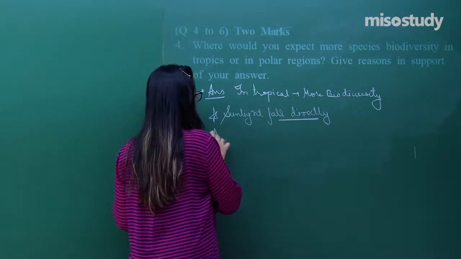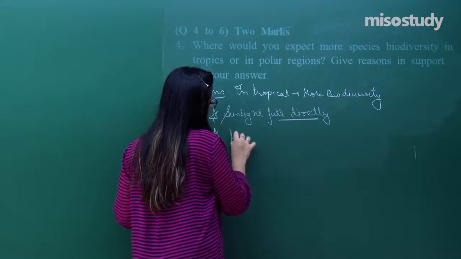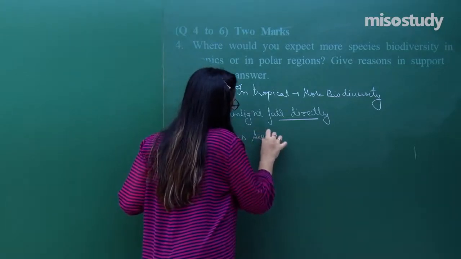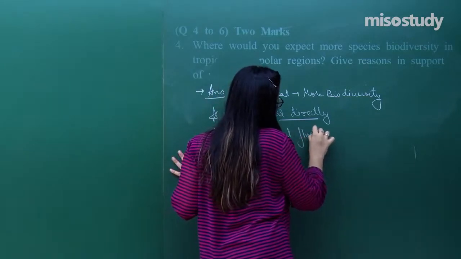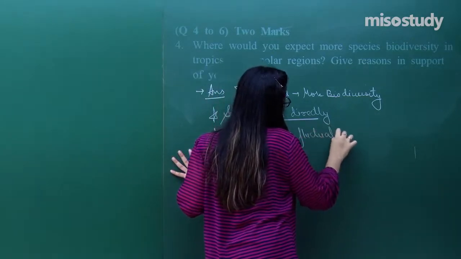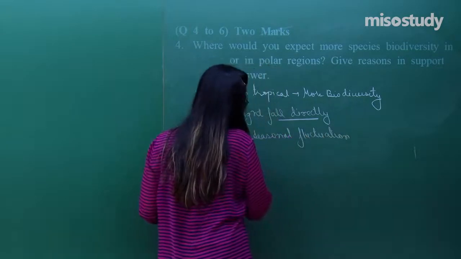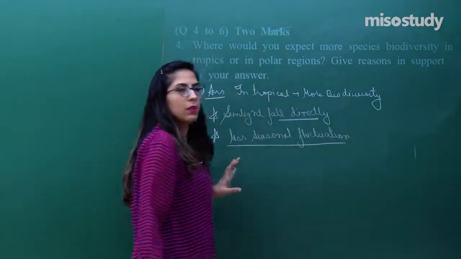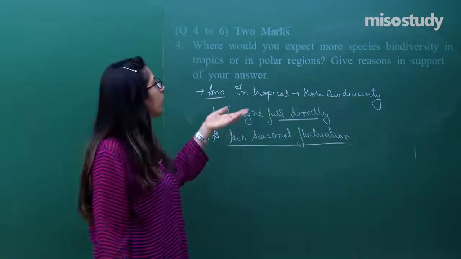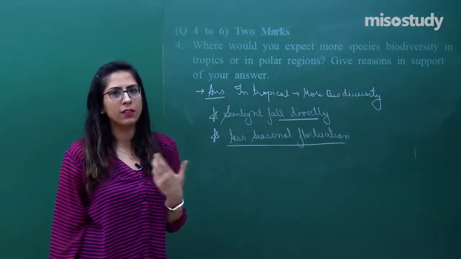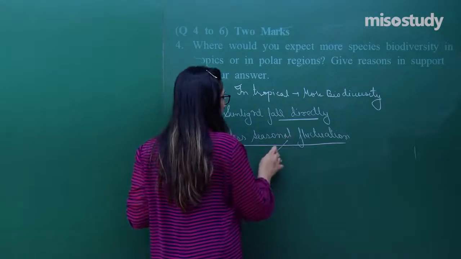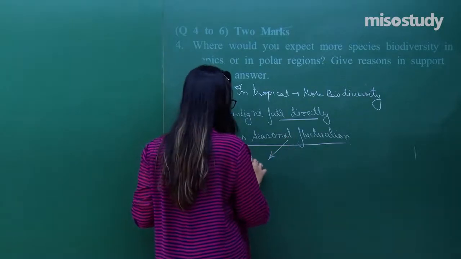Another is less seasonal fluctuation. Due to this, the organisms living in those regions will have niche differentiation over there. They will have a specific niche.